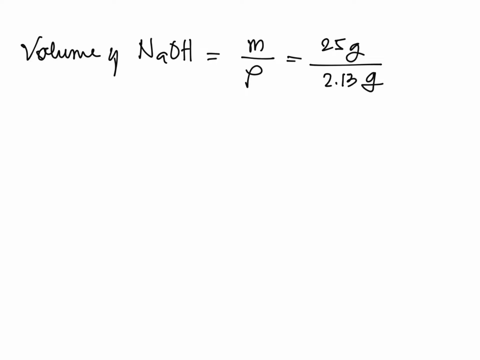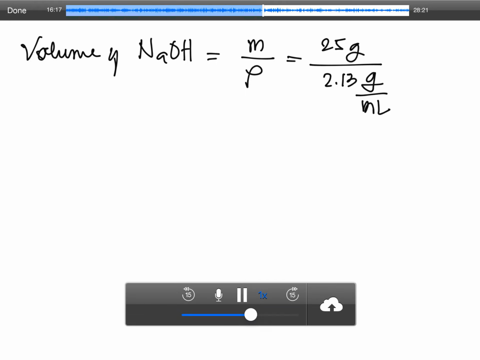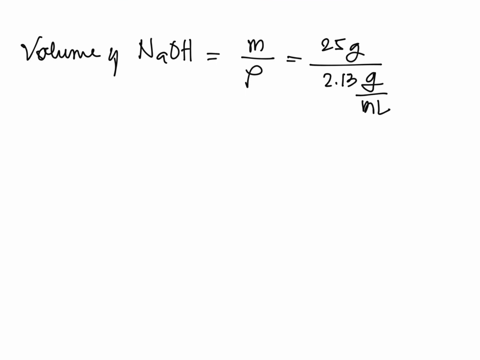This is gram per ml. Okay, so let's cancel the gram. What's left is ml. Then we're just going to divide it by 1000 ml for 1 liter. So we can have the liters already of the solute.